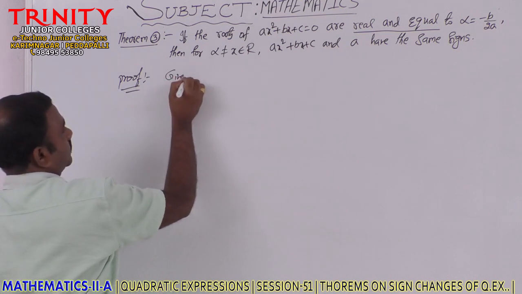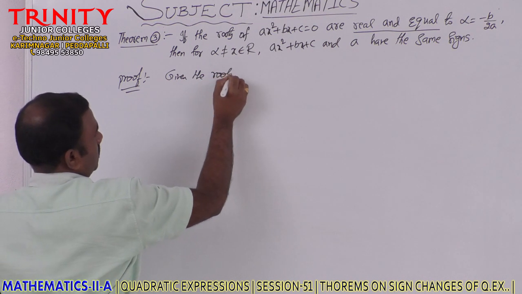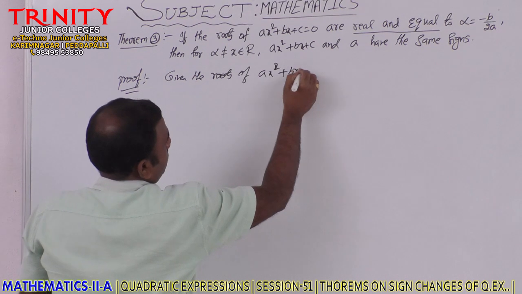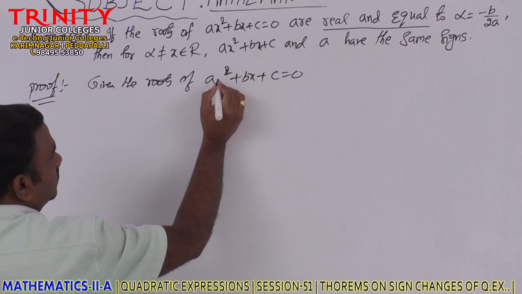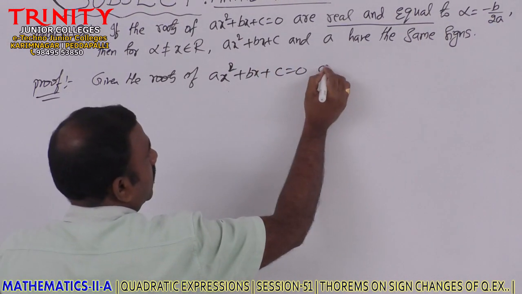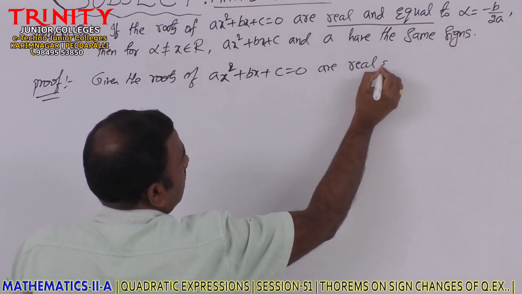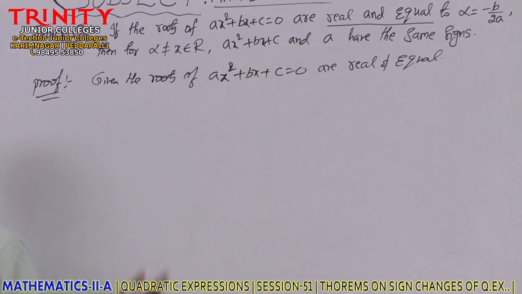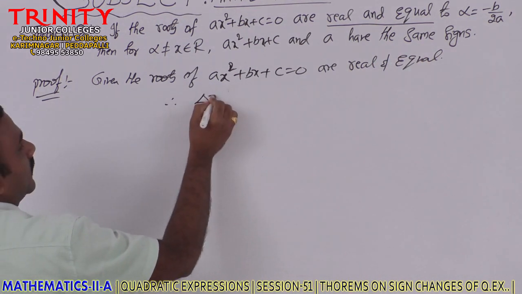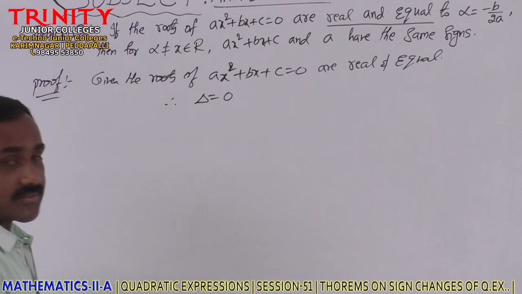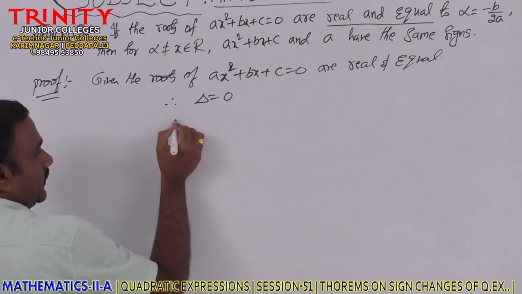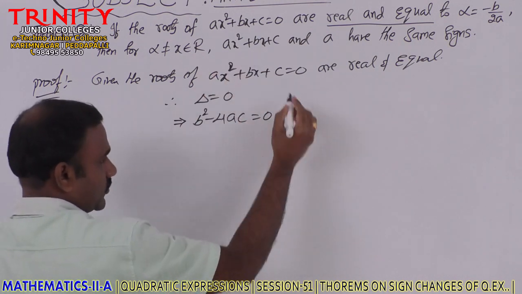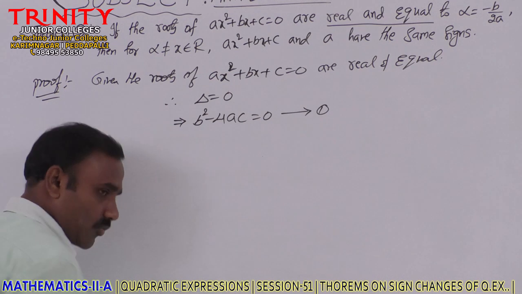Given the roots of the quadratic equation ax square plus bx plus c equal to 0 are real and equal, what is the condition? Discriminant is equal to 0. Discriminant is nothing but b square minus 4ac is equal to 0. Take it as equation number 1.